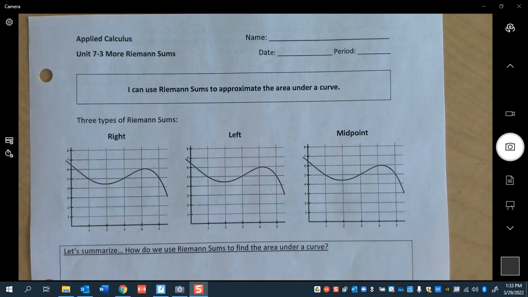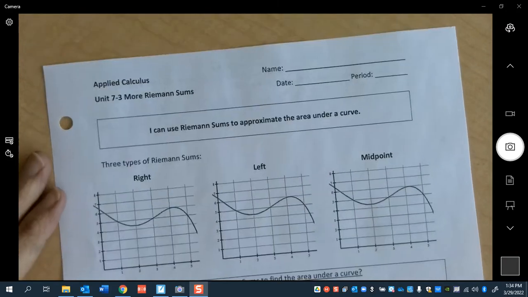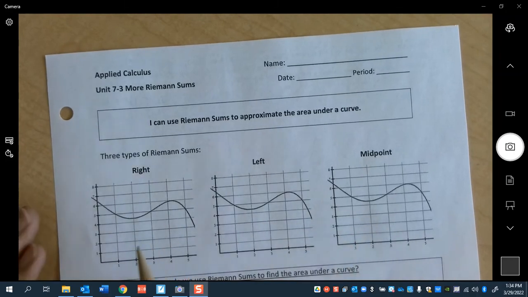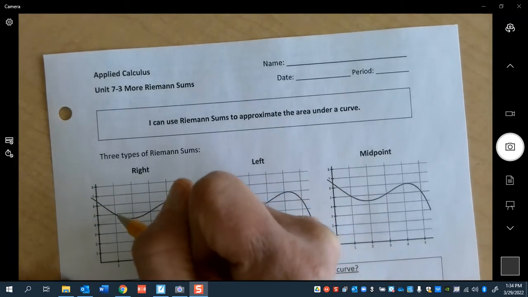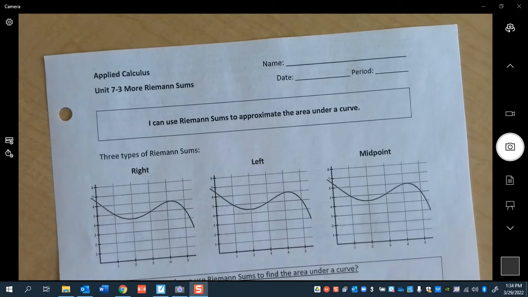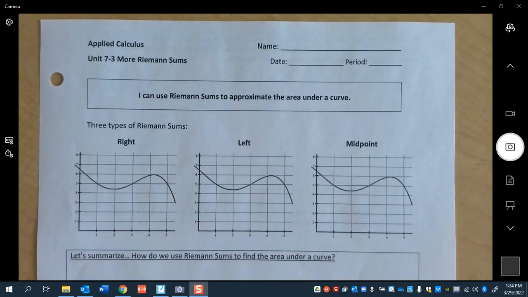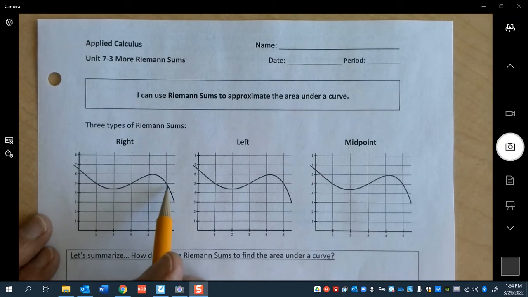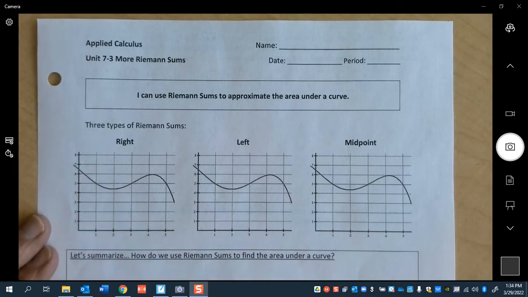That was bizarre. Anyway, so when we go to find the area under these curves, we're going to estimate them by using rectangles. And when we use a rectangle, the width of that rectangle really determines how accurate our estimate is. So if I make one wide rectangle here, obviously it's going to cover much of my area but miss these parts.